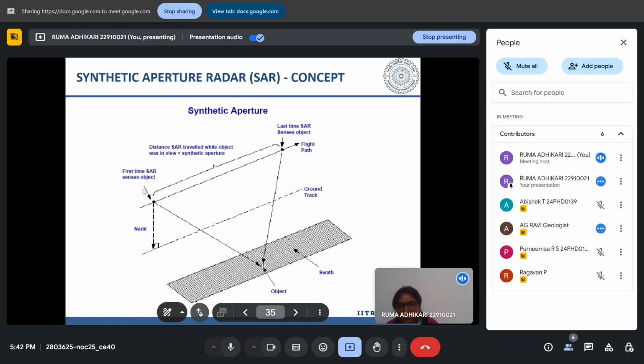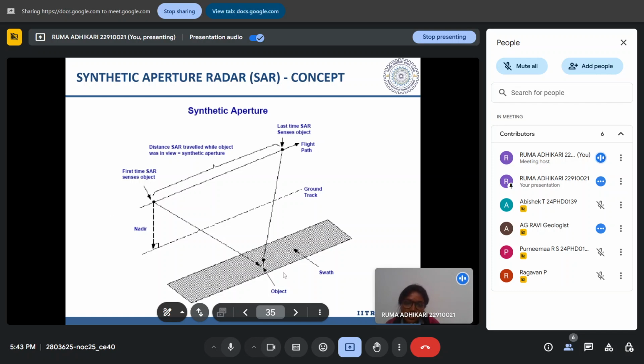In the same way, suppose here is the sensor's first position, it hits the object here, and the object scatters some signal. Meanwhile it is going in the azimuth direction, or flight path, and reaches this position, and it takes the reflected signal from here. Why is this moving important?